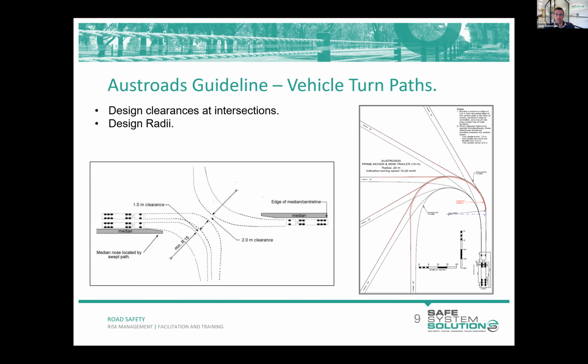So it might be a free flow left turn or something like that. If we had a movement that potentially would need to yield to an opposing stream, we can adopt a lesser radius and a lower speed. But we certainly shouldn't use a tighter radius than this for a movement where that might not be the case.